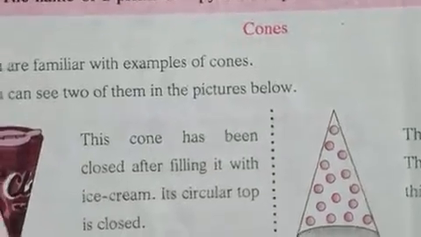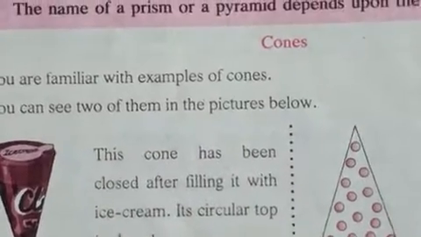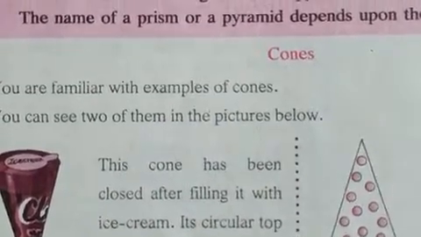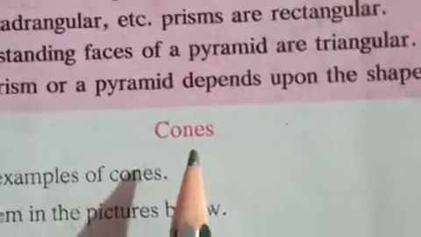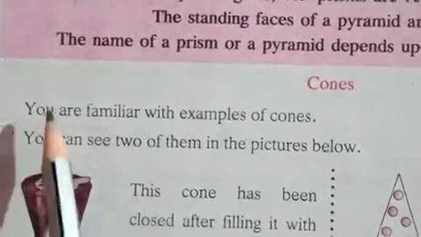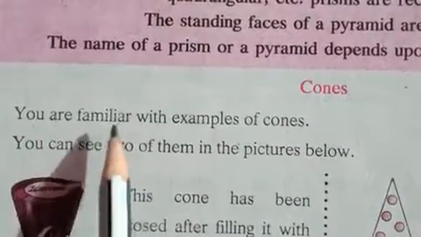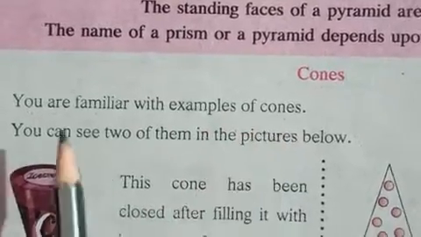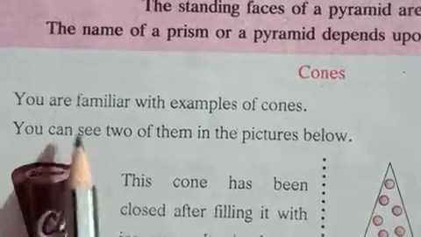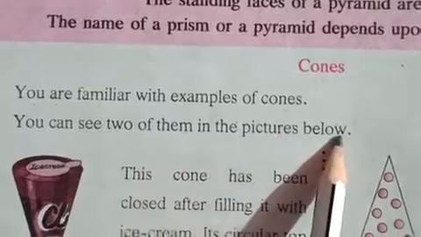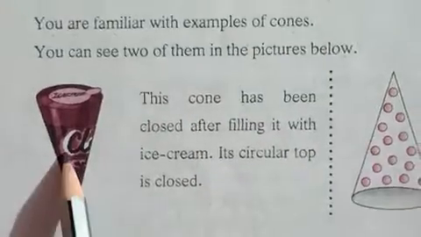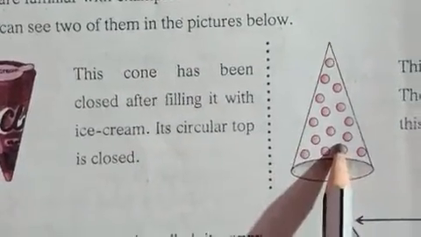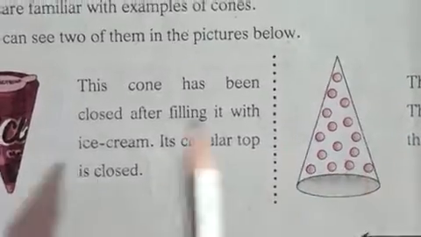Now students, you will turn to page number 96. We are going to see cones. You are familiar with examples of cones. You might know very many examples of cones. You can see 2 of them in the pictures below: an ice cream cone and a clown's cap, that is a joker's cap.